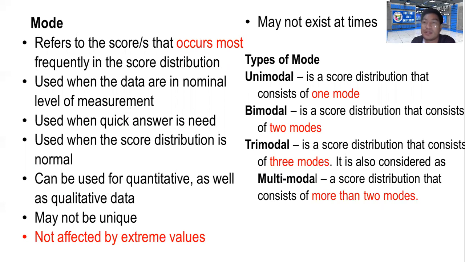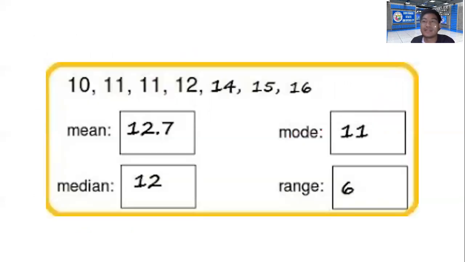So it's bimodal because you have two modes, the two and the three. Trimodal is the score distribution that consists of three modes. It's also considered multimodal, a score distribution that consists of more than two modes. So you can have no mode, you can have one mode, two modes, three modes, and infinity.